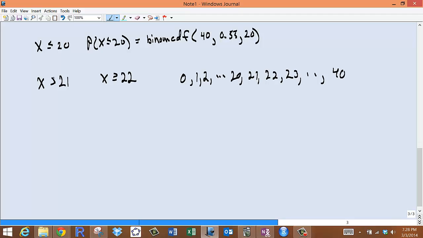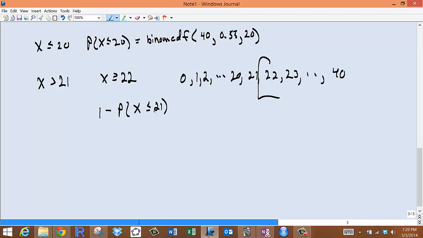We're looking for greater than or equal to 22, which is all that probability. Remember the total probability is 1 from 0 to 40, so this is equal to 1 minus the probability that x is less than or equal to 21.